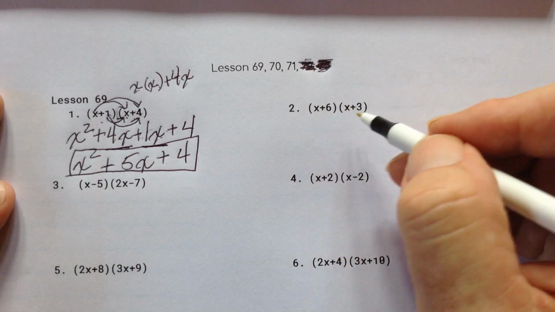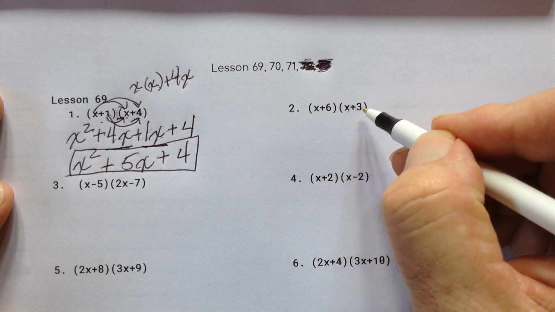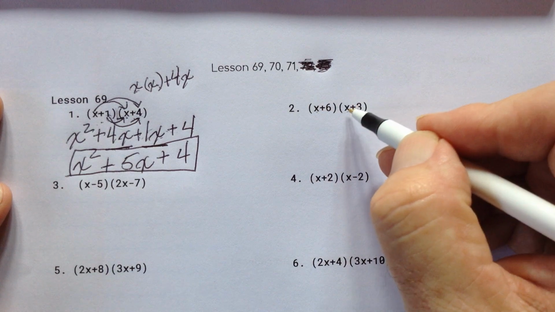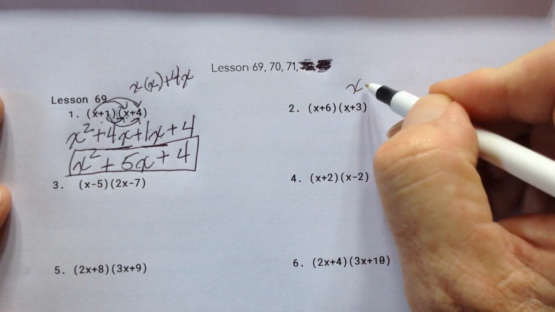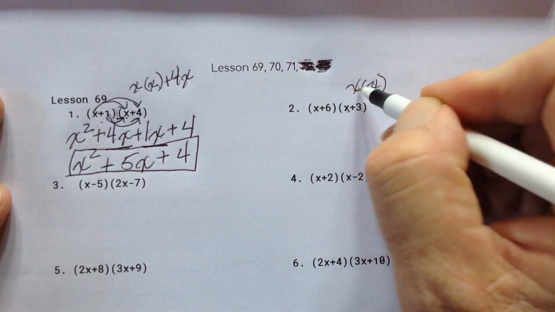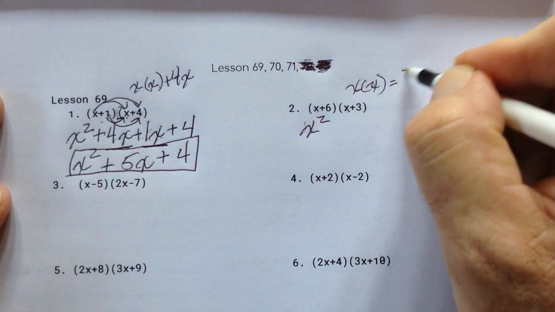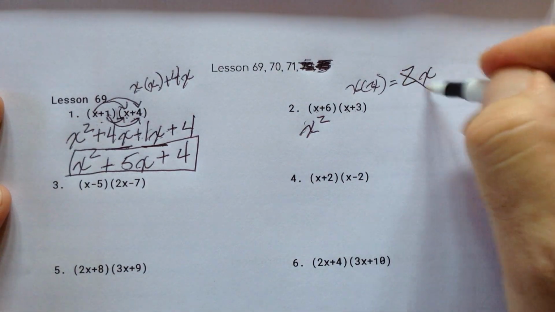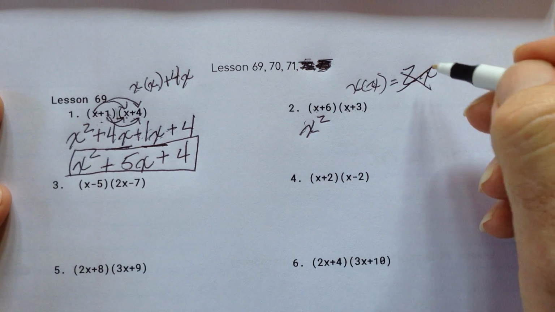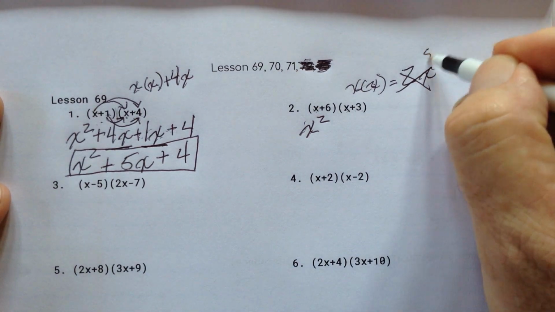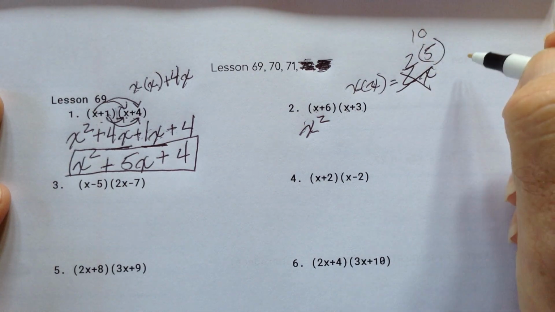Just like here, number 2, I got x plus 6 times x plus 3. So x times x, that's x squared. Don't do this. Some will say that'll be 2x. That's not right. Because if this was a 5 and I'm multiplying it by 2, that would be only 10.